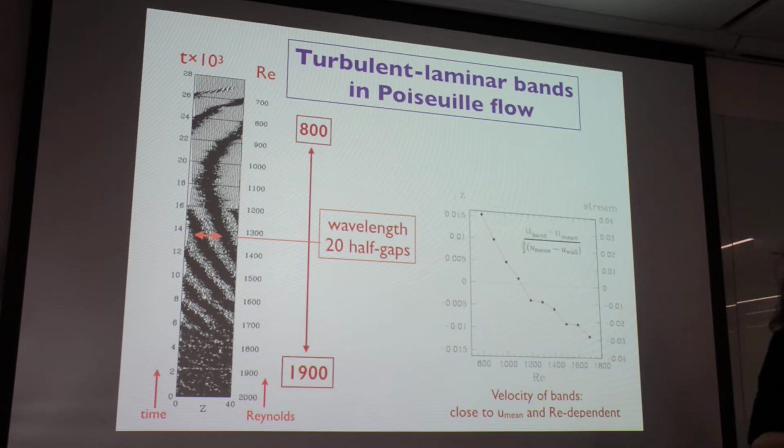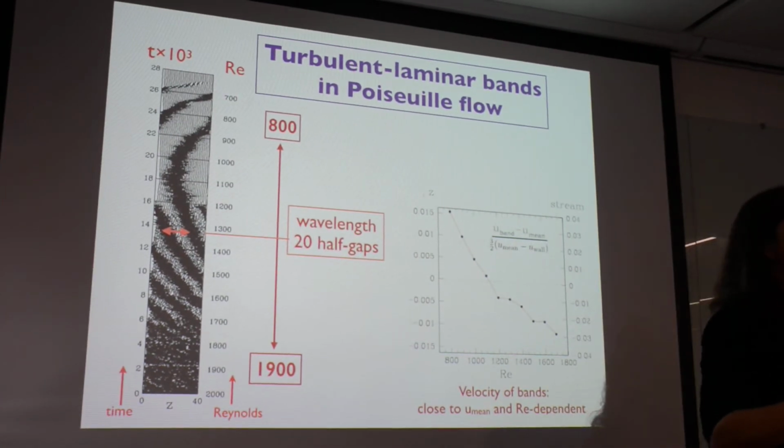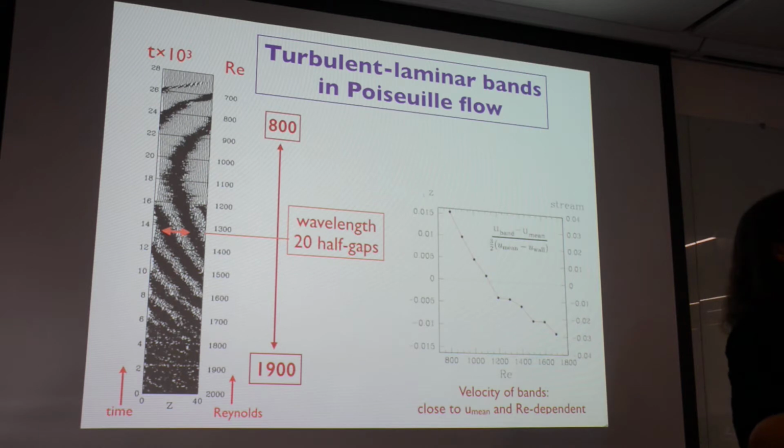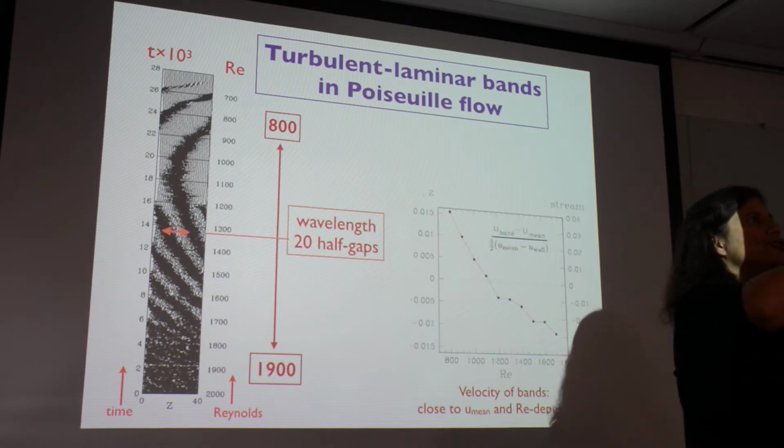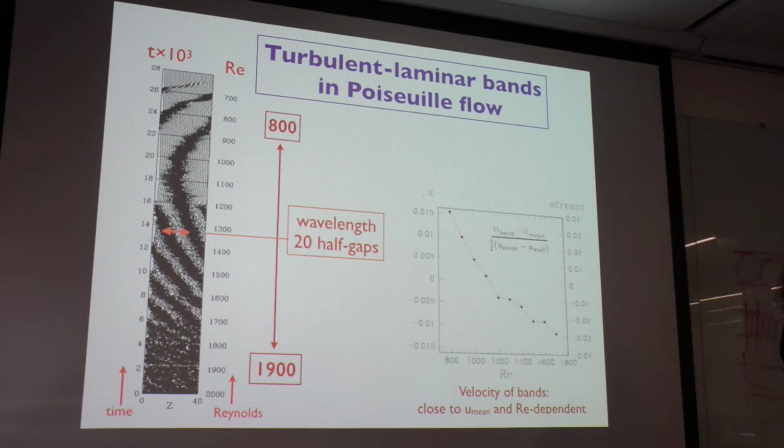But even if we go into a frame where the average velocity of Poiseuille flow is 0, which we can by having plates that move backwards while we blow, at least numerically, that still doesn't change the fact that there is no symmetry between downstream and upstream. In Couette, there is, because the top is going upstream and the bottom is going downstream, or the other way around. So that really changes everything in a way that I didn't mention in the symmetry class, but I would have liked to. That is to say, there's a difference between left and right. This does not have reflection symmetry.